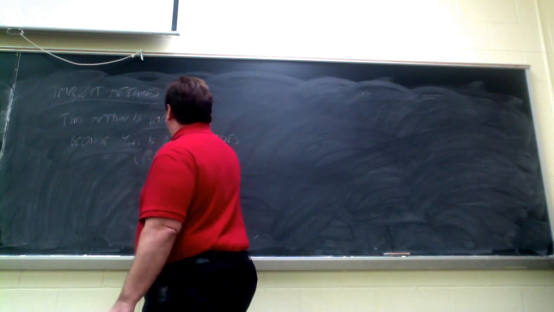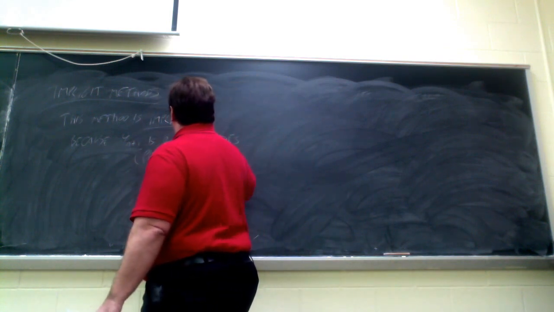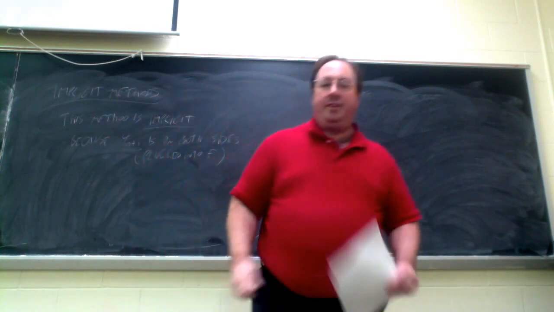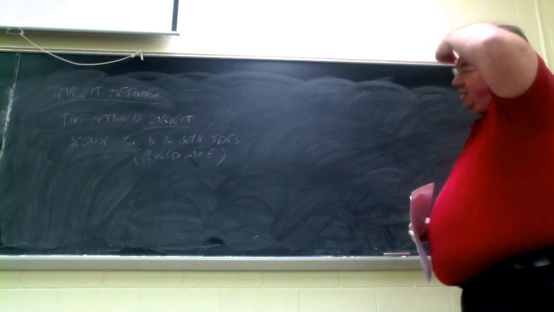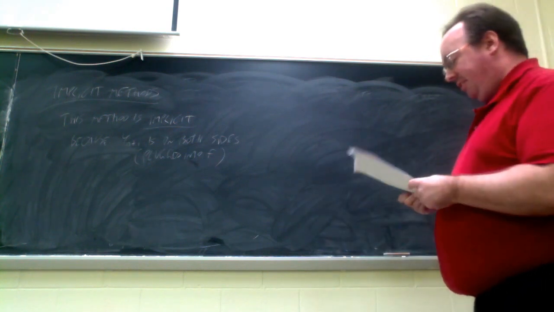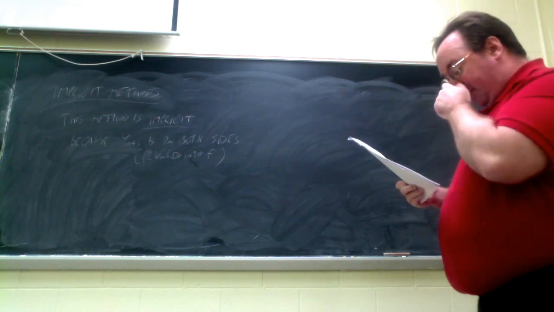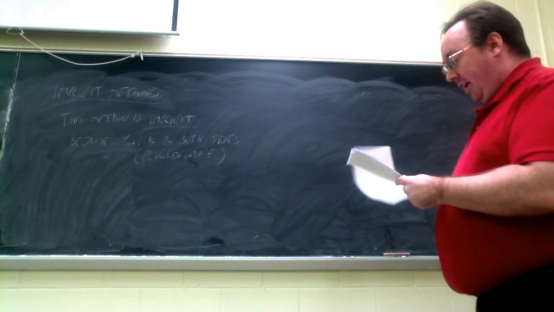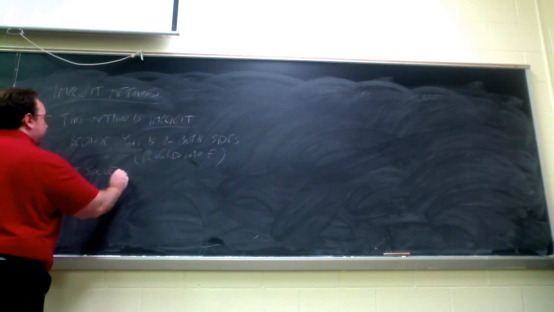That's the key here. So any method of that form, where you have your solution at the new time on both sides of the equation, is an implicit method. So what that means is you have to solve a nonlinear equation.